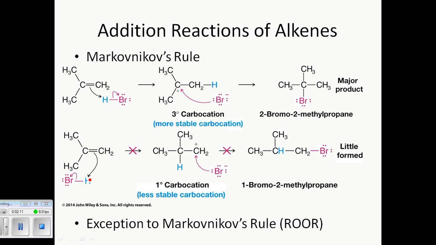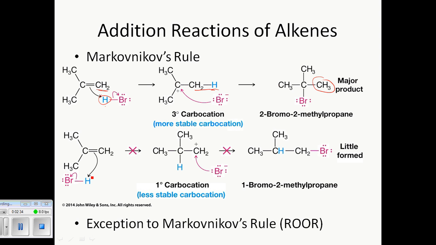So Markovnikov addition simply is, there's a few ways to state it, but the most simple way is saying that when you add a hydrogen, it's going to go to the side where there's already more hydrogens. So that H goes here, which ends up here, as compared to an anti-Markovnikov.